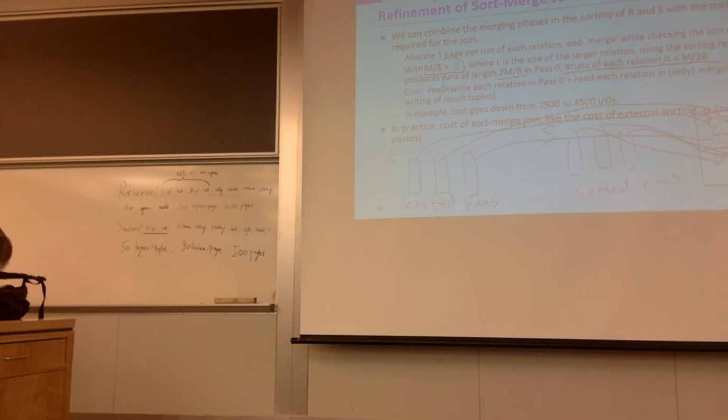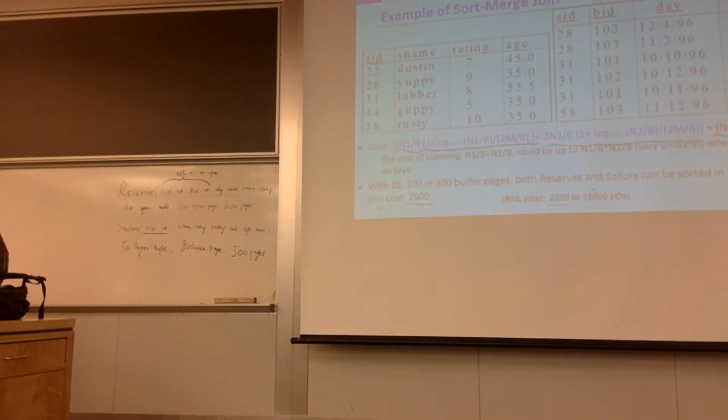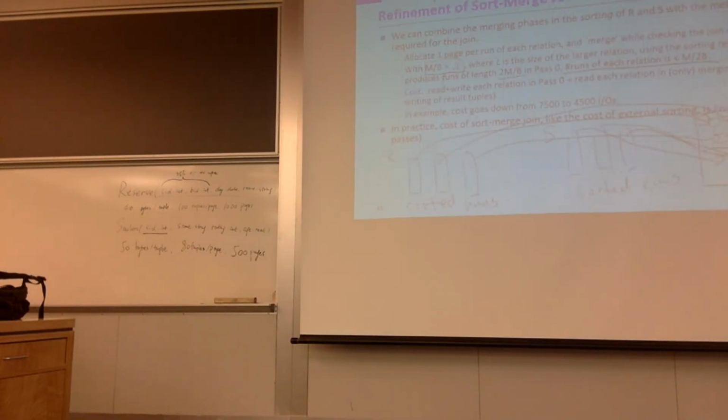Why is that? Remember, you only do pass 1 for the first 2 terms, so that's 1 less than 1 plus log something. So your cost is going to be 2n1 over b times 1, where 1 is 1 fewer pass, plus 2n2 over b times 1.